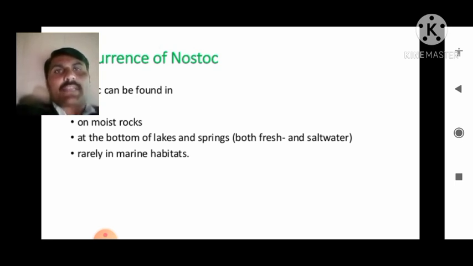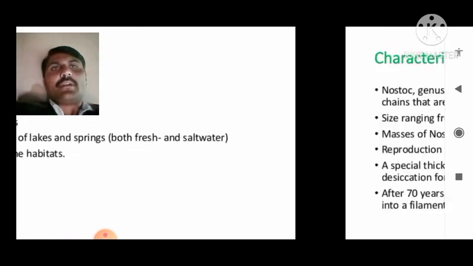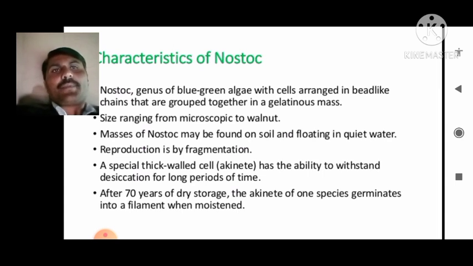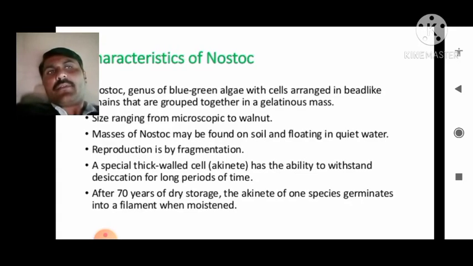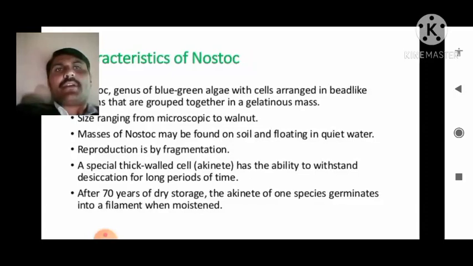Rarely it has been found in marine habitats. Characteristics of the Nostoc are shown here. As I spoke, a genus of blue-green algae with the cells arranged in bead-like chains that are grouped together as a mass in a gelatinous sheath. Size ranging from microscopic. Masses of Nostoc may be found on soil and floating in quiet water.